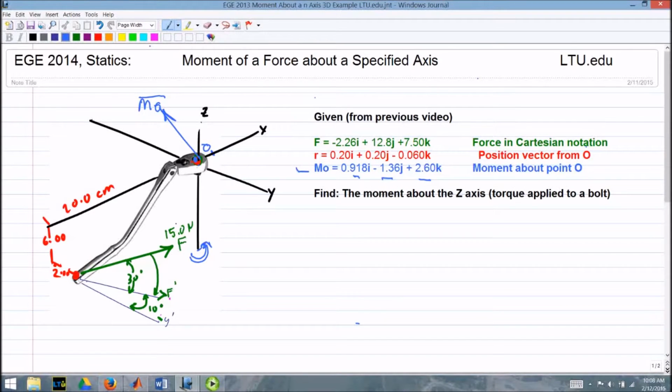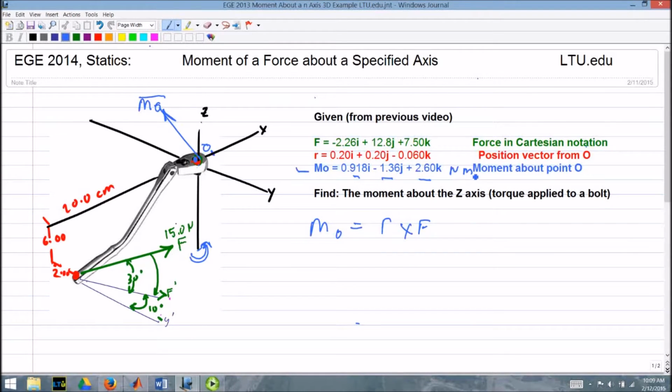Because we're looking at the moment about an axis, the math becomes very simple, but it's worth walking through. Now, if you recall the previous video, I calculated my moment doing the cross product between R and F, and our moment, of course, is in Newton meters.